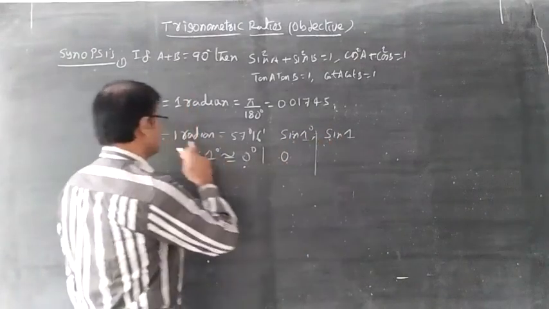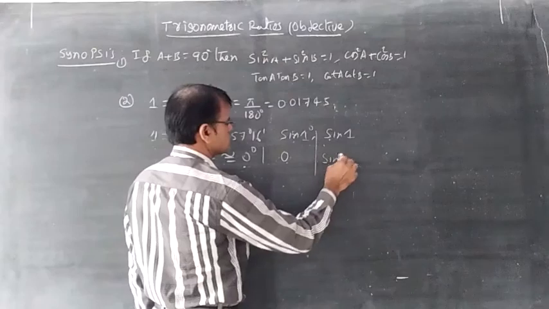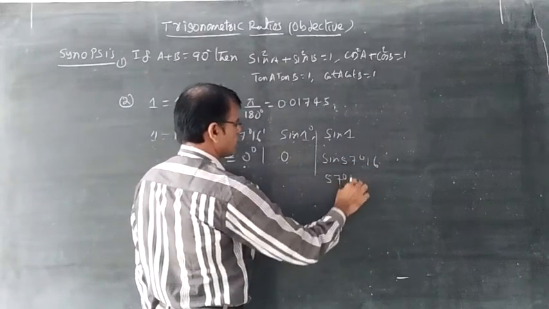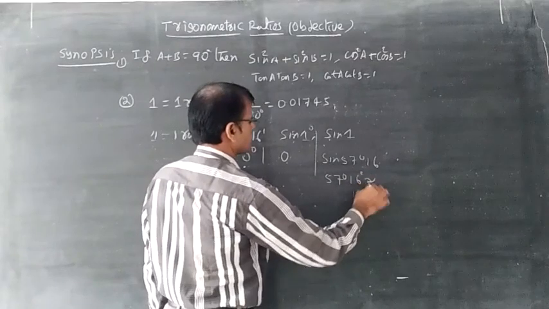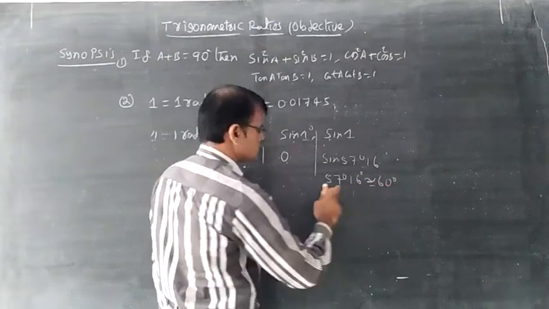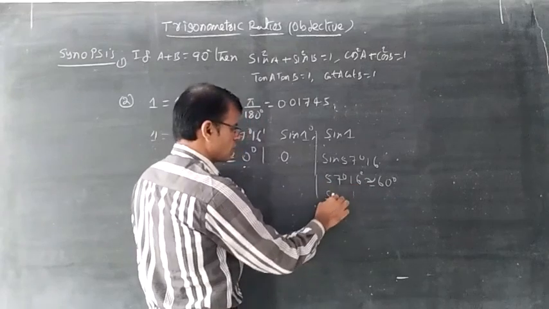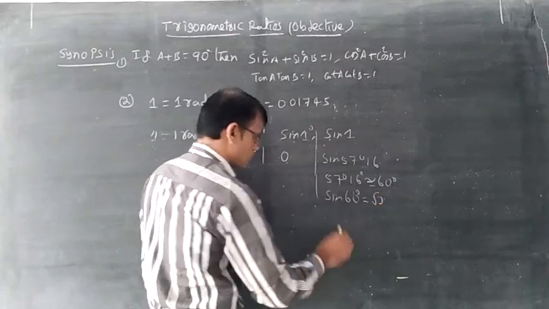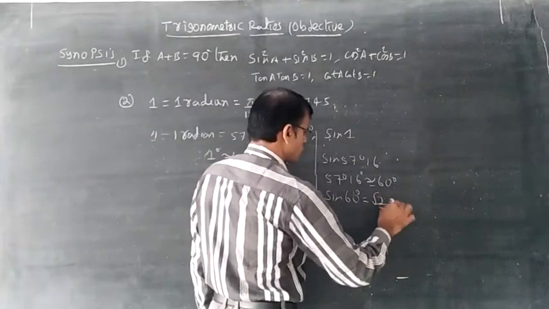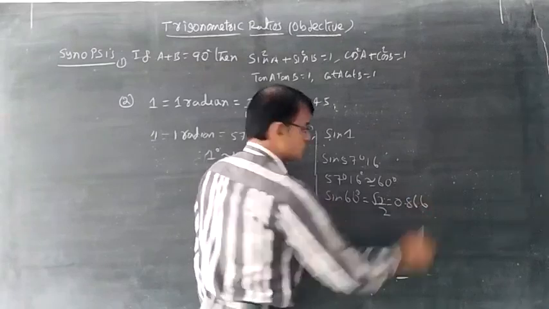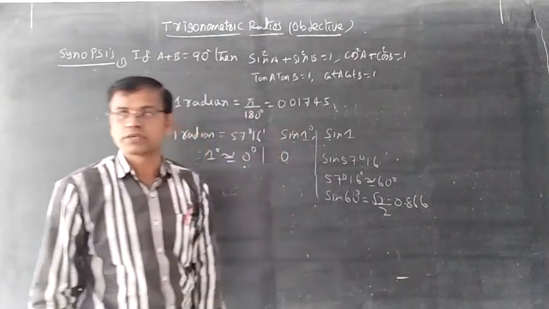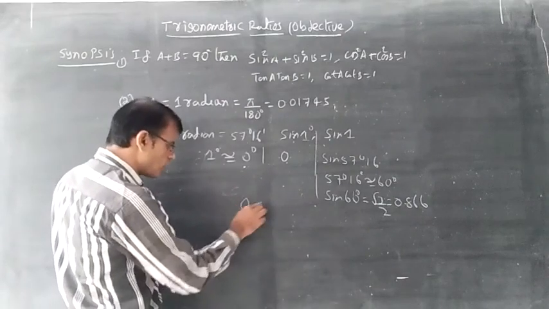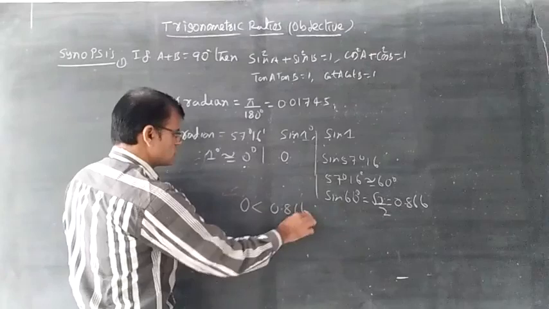Here sine 1 means sine 57 degrees 16 minutes. 57 degrees 16 minutes approximately you can write as 60 degrees, a known value for the trigonometric ratio. So sine 60 is root 3 by 2. Root 3 by 2 is 0.866, because root 3 value is 1.732, and 1.732 by 2 becomes 0.866. So 0 is less than 0.866.